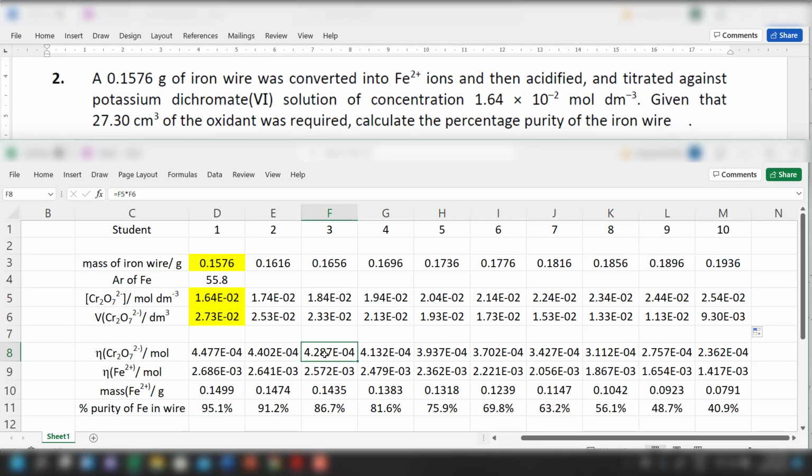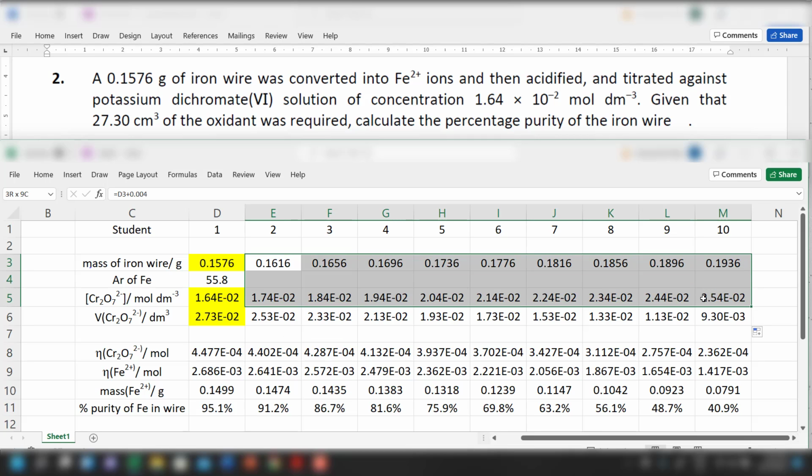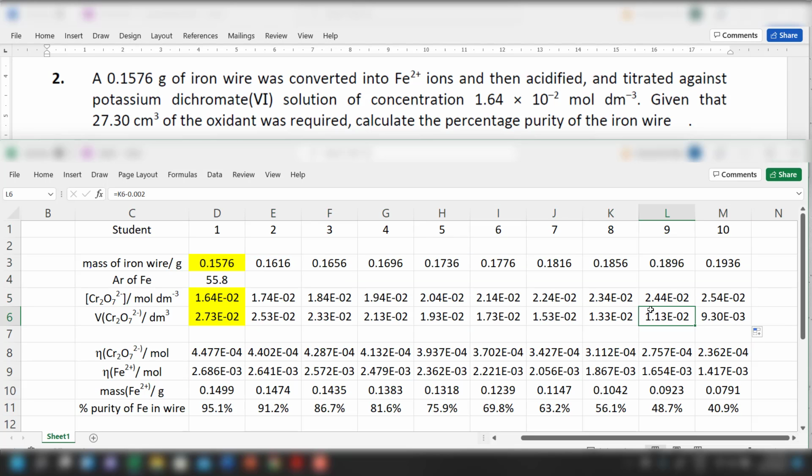You can just play around with it, or if you do not wish to give an incremental increase or decrease for all the students, then you can just randomly put in any values you want, and get the students to perform the necessary calculation.